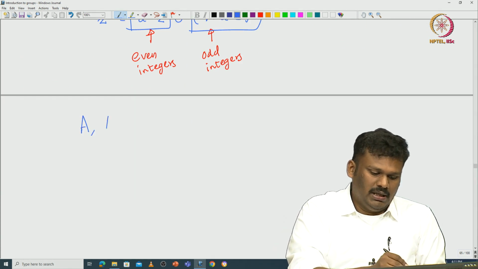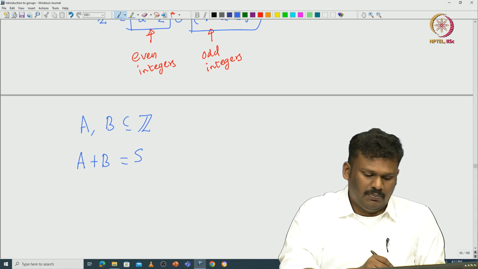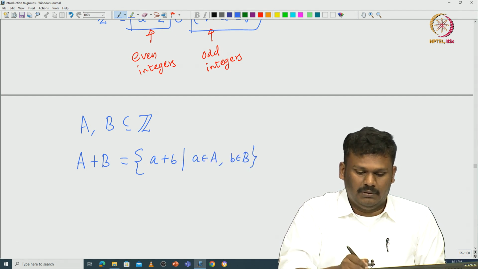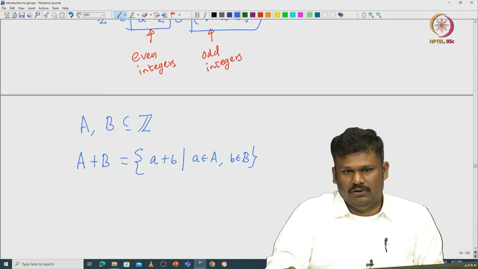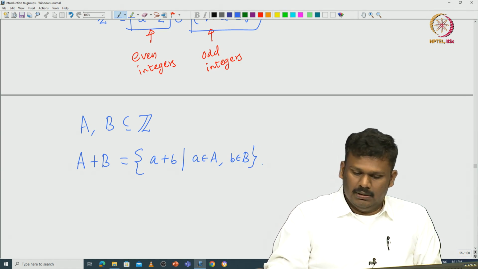Suppose I start with A, B inside z, they are subsets, then I can define what is called A plus B. So, what is A plus B? This is all possible a plus b, where a is coming from capital A and b is coming from capital B. So, you can take all of them. Okay, it is meaningful to call that set capital A plus B. Okay, it is well defined.